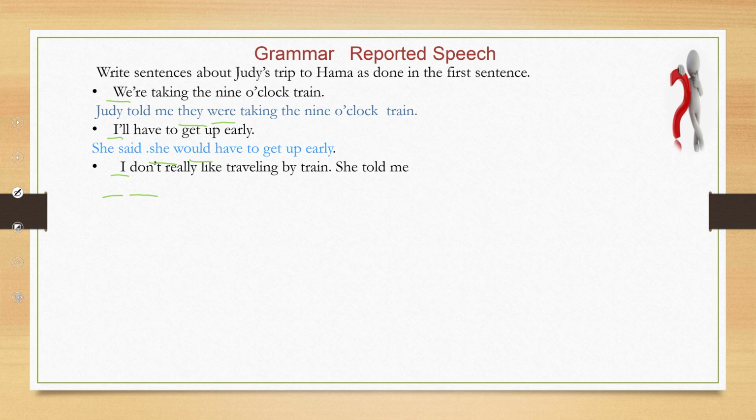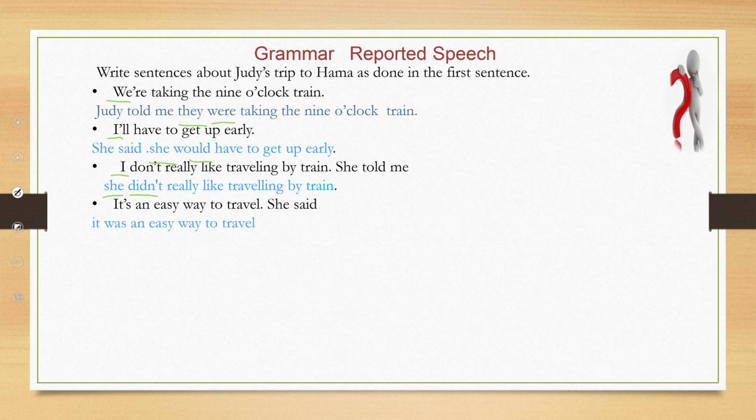Next example. It's an easy way to travel. Here we should change. Look here, third person singular is not changed. It is left the same. It is left it. But here is changed into was, an easy way to travel.